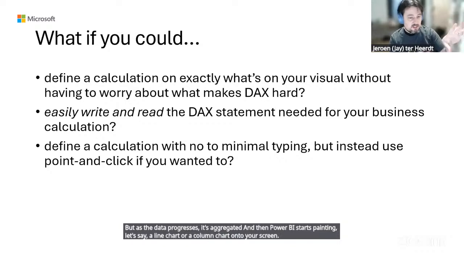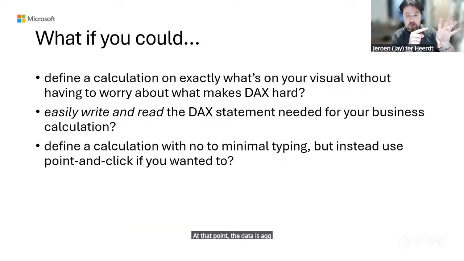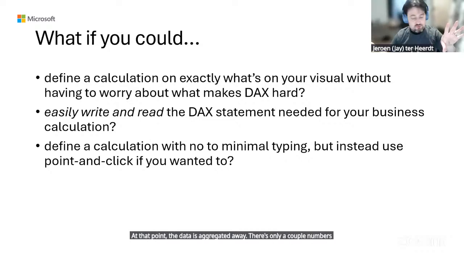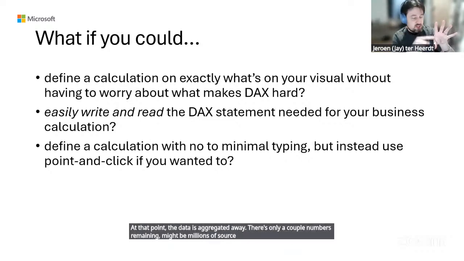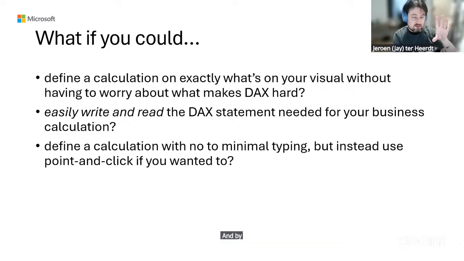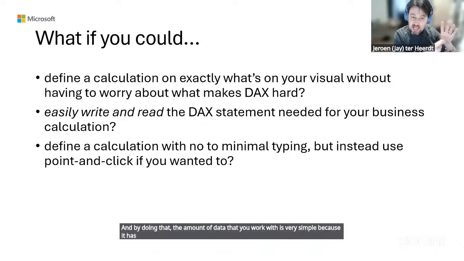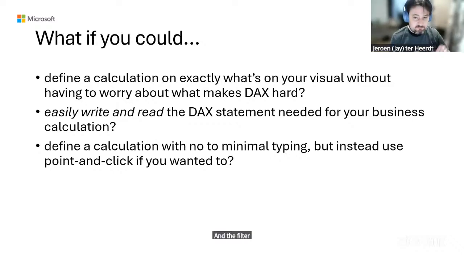At that point, the data is aggregated away. There's only a couple numbers remaining. There might be millions of source rows over here, doesn't matter. It's just shown a couple data rows in the chart. In here, then, we allow you to do calculations. And by doing that, the amount of data that you work with is very simple because it has been highly aggregated and the filter context has been applied.